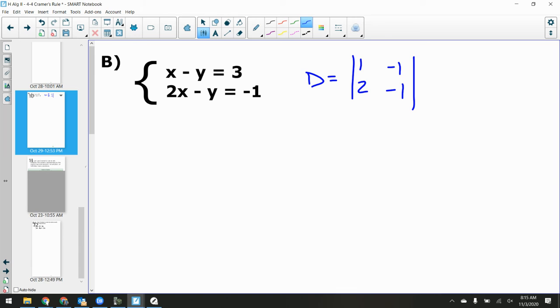Everybody follow me there? Multiply, I got 1 times -1 is -1, 2 times -1 is -2. Okay, I believe we have a +1. Did you all get +1? Woo! Hey, I can do math. So I know my X coordinate is going to be something divided by 1. I know my Y coordinate is also going to be something divided by 1.